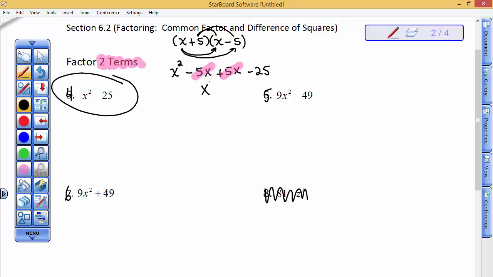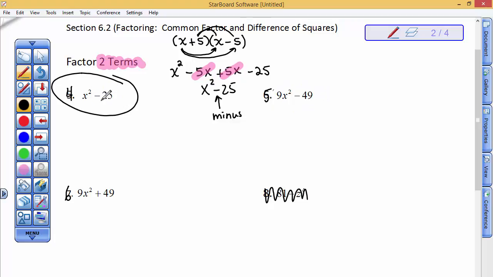So please remember, it's got to have a minus sign in the middle for it to be the difference of squares. If this is an even exponent, and if you can take the square root of that number, or for that matter, the square root of the number in front of the x squared term, and get a whole number, then you have what's called the difference of squares.